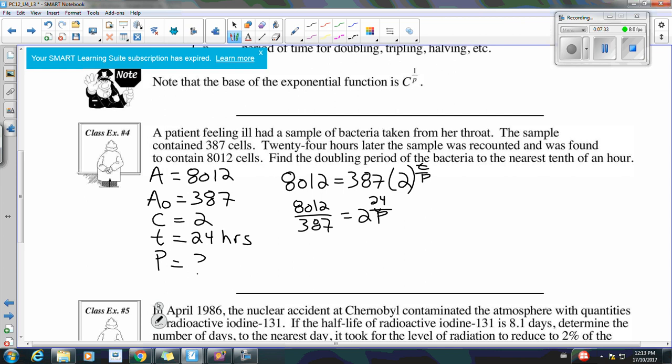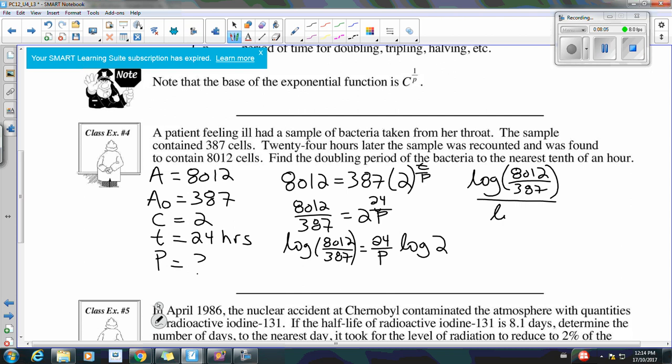I'm going to take the log of both sides this time. So this would be the log of 8,012 over 387 equals 24 over P times the log of 2. Dividing both sides by the log of 2, I have log of 8,012 over 387, over log of 2, equals 24 over P.